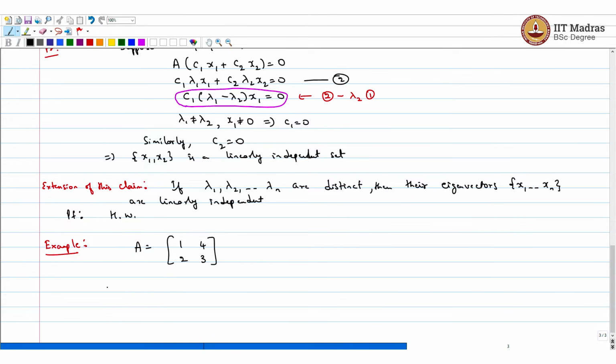So, A minus lambda I is nothing but 1 minus lambda, 4, 2, 3 minus lambda. So, the characteristic equation is, I recommend you pause the video and do this on your own and then verify with what I got here.